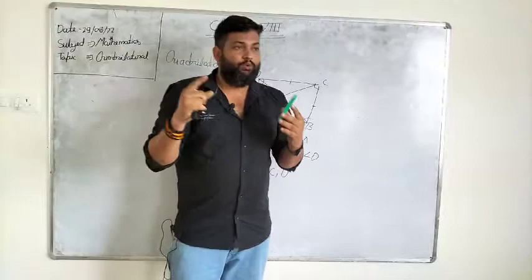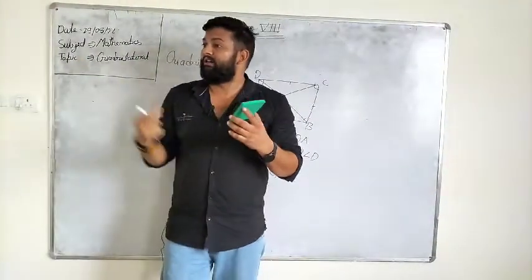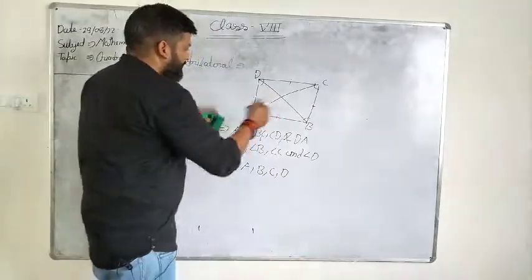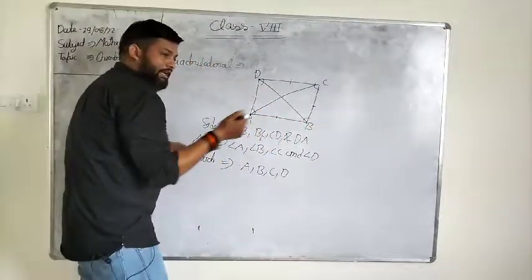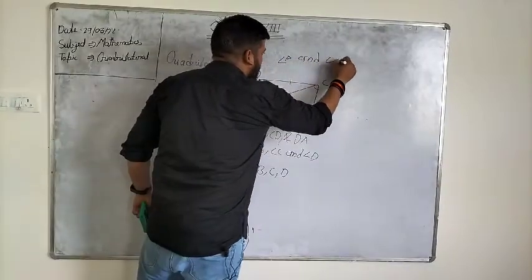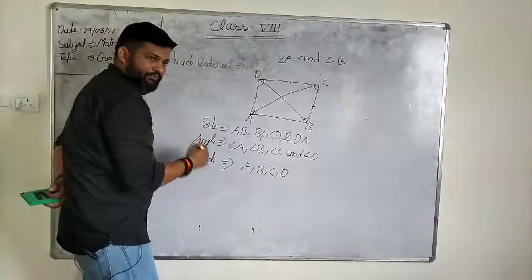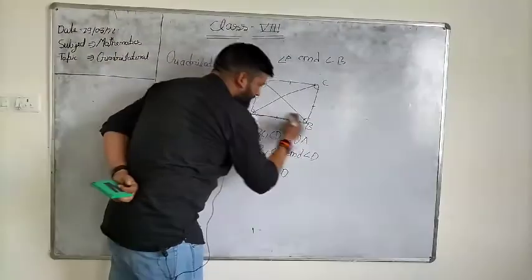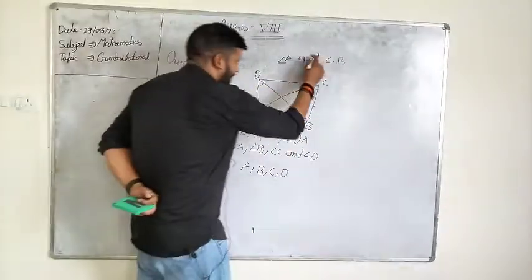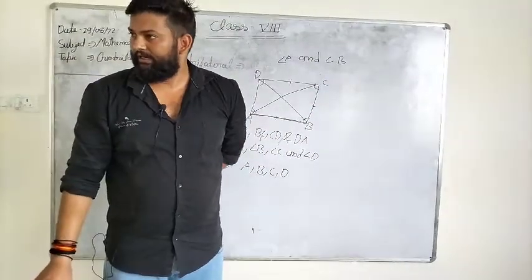Adjacent angles are two angles joined by a common line. If I am talking about angle A and angle B, they are joined by a common line. So angle A and angle B are the adjacent angles. Is that clear?